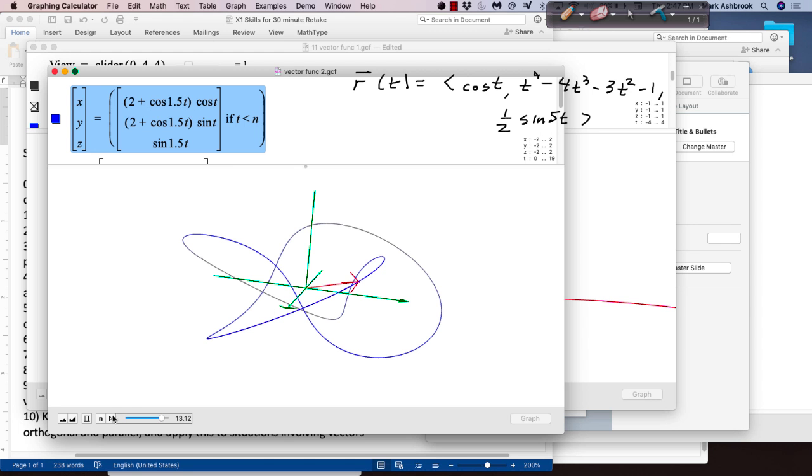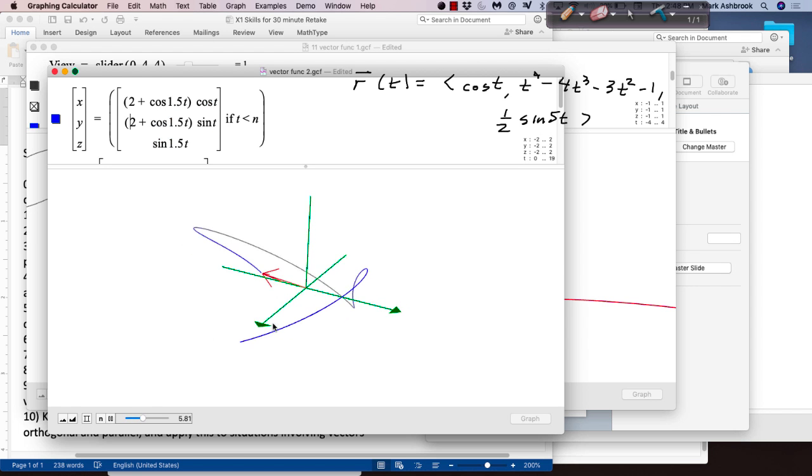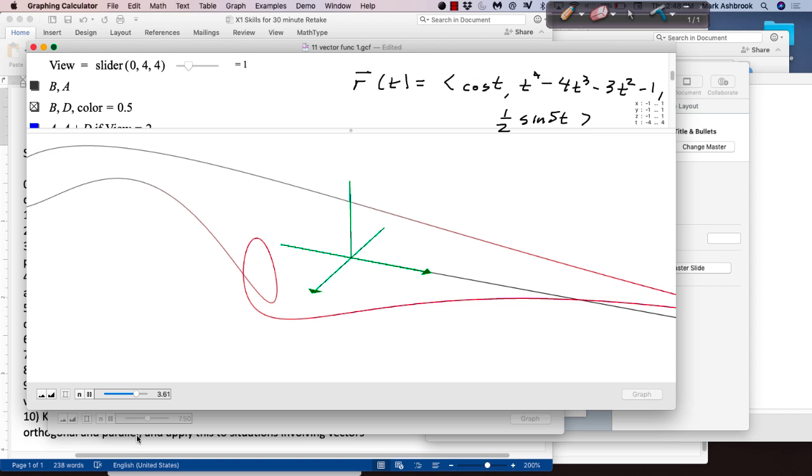Okay, here's another one. The x component is this up here, the y component is here, the z component is here, and this depends on your view. It's struggling because I've got two things running at once here.